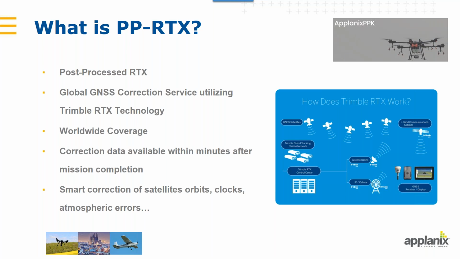It corrects for the standard GNSS error budget, such as satellite orbit errors, clock errors of the satellites, or atmospheric errors. This service is covered worldwide, and as I said, the corrections are available minutes after mission completion.